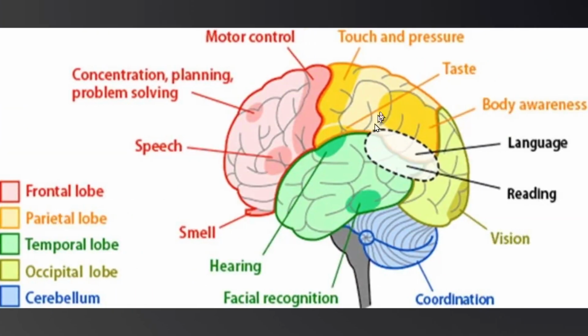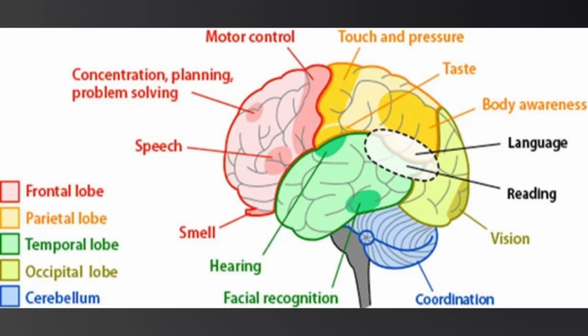All right. So we've got a different slide with a little more specificity about what happens. We have speech, smell, hearing, and facial recognition in different areas. So you see your brain has a lot of regions because a lot of stuff needs to happen. This is not even half of it.